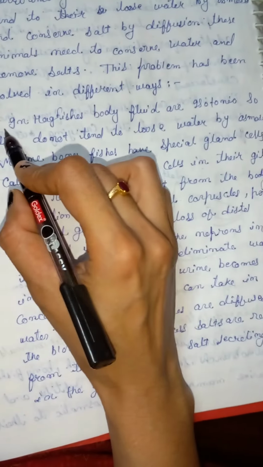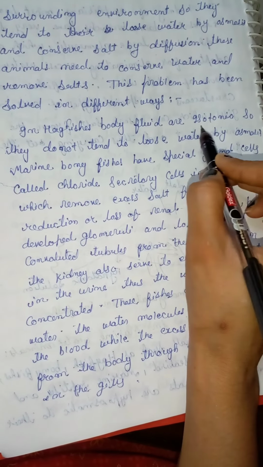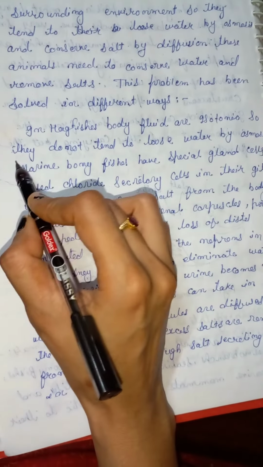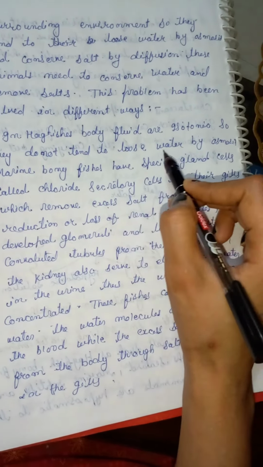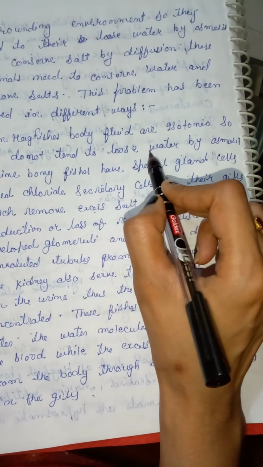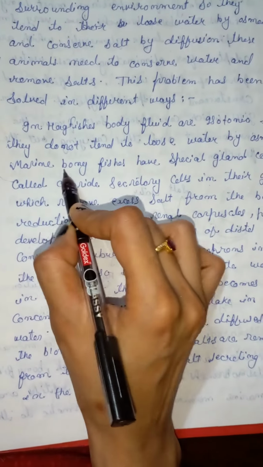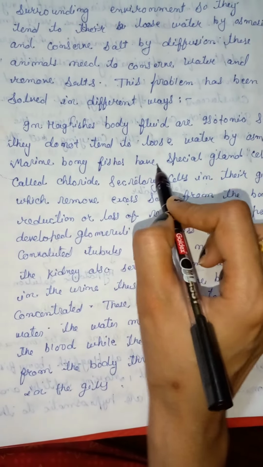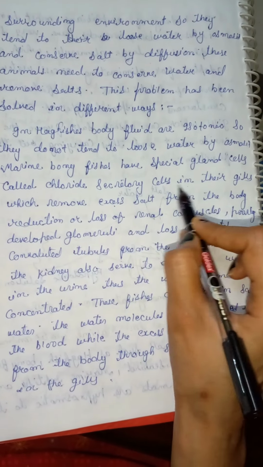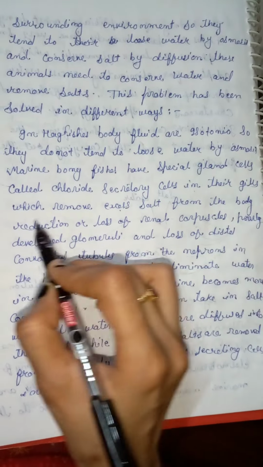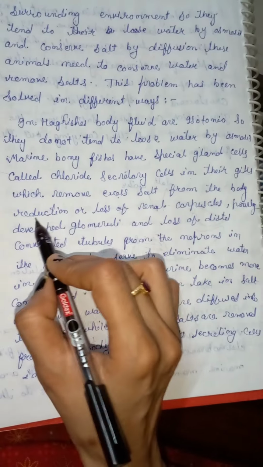In hagfishes, body fluids are isotonic, so they do not tend to lose water by osmosis. Marine bony fishes have special gland cells called chloride secretory cells in their gills, which remove excess salt from the body.